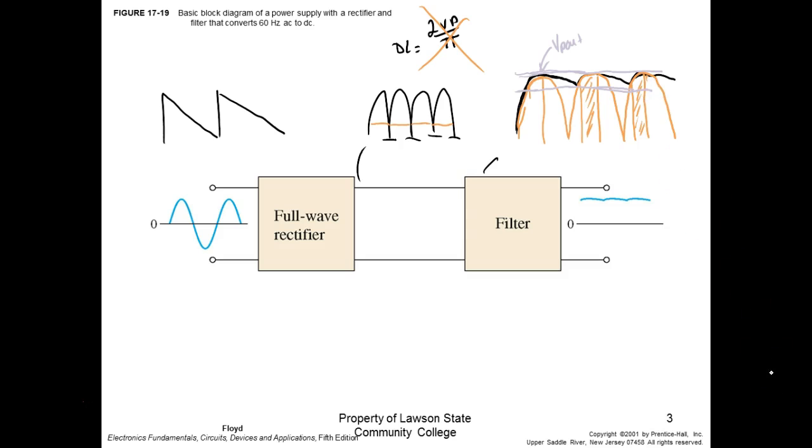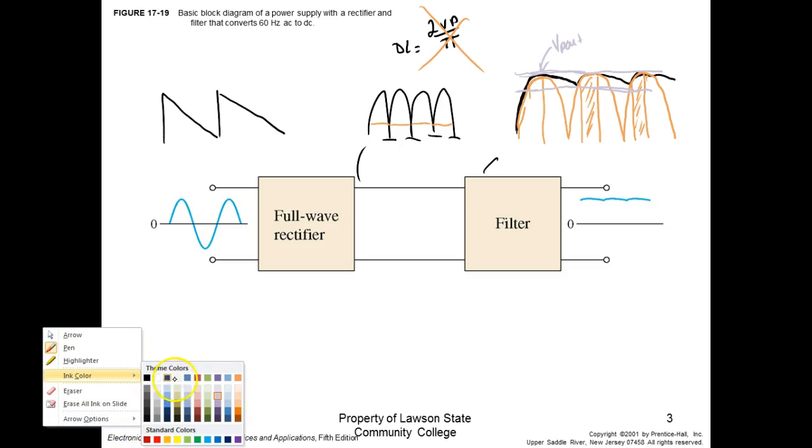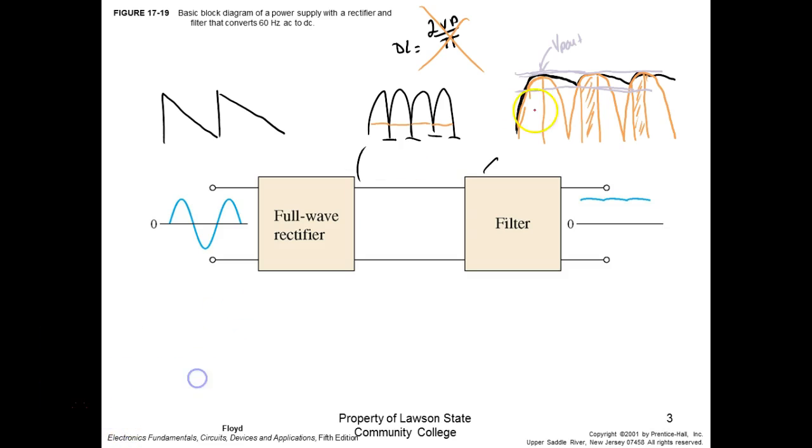The size of the capacitor and the current it's going to have to provide. Does that make sense? And of course our average DC is going to be right down the center of this guy, right here. This is what I should measure.